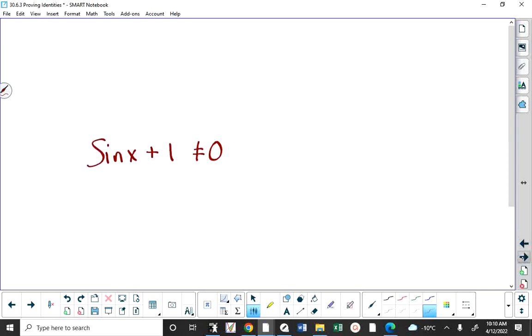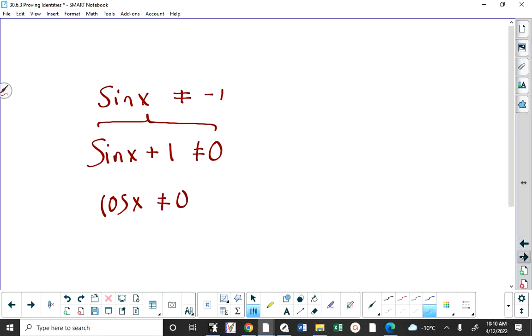So that means cos of x cannot equal 0. Well, this first little equation, or non-equation because it's not equal to, translates to sine of x is not equal to negative 1.